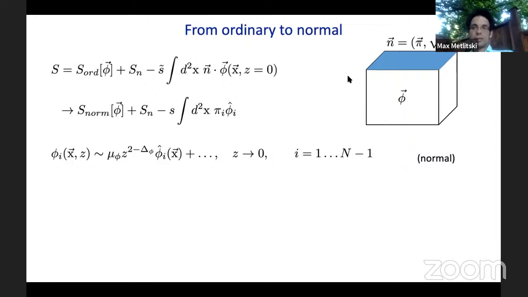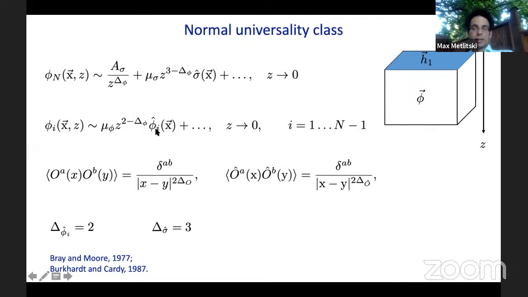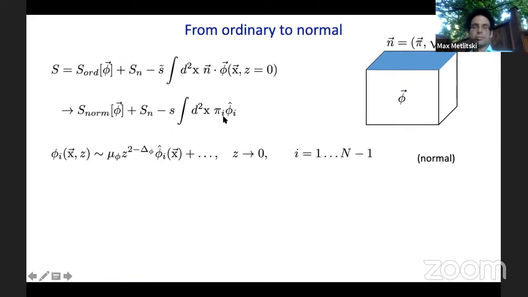Well, the simplest coupling that we can write down is a coupling between this transverse component of n, pi, and the boundary operator of the normal fixed point, the transverse operator. This turns out to be a marginal coupling, as we will discuss in a second, right? Phi hat has dimension 2. At the g equals 0 fixed point, pi has dimension 0, so this is marginal.